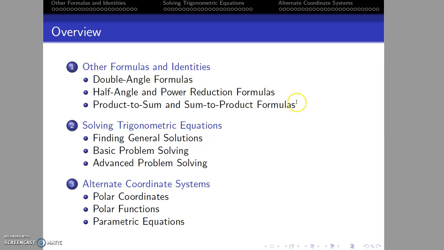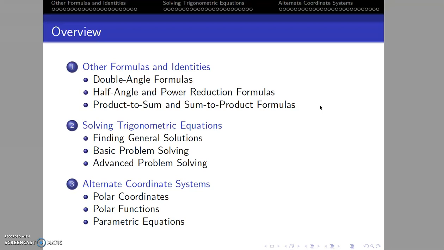First of all, for the next week or so, we will start adding on more formulas. Double angle, half angle, power reduction, sum product, product sum, all of those, and we will use all of those to produce exact results and show that things are identities.